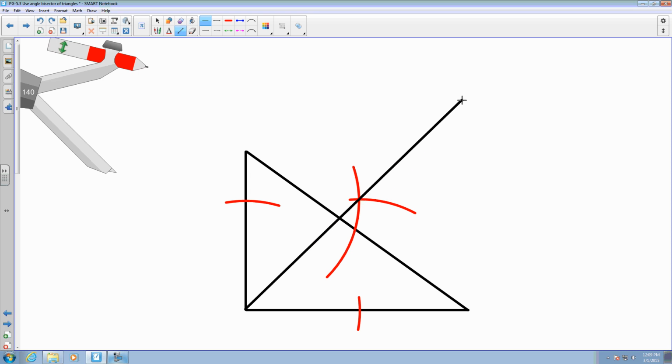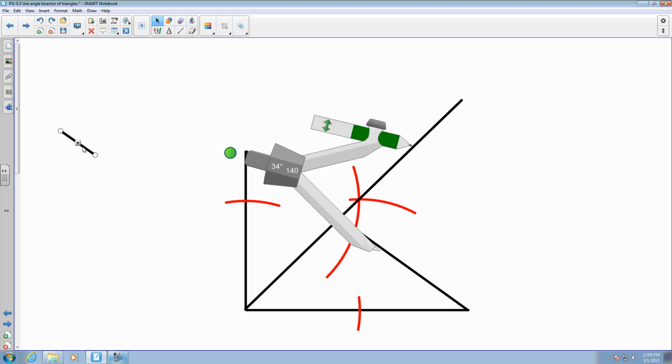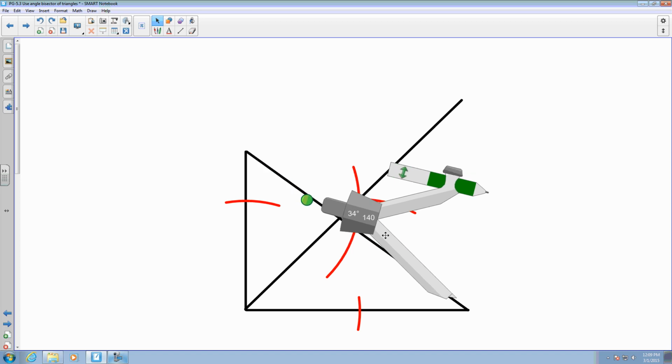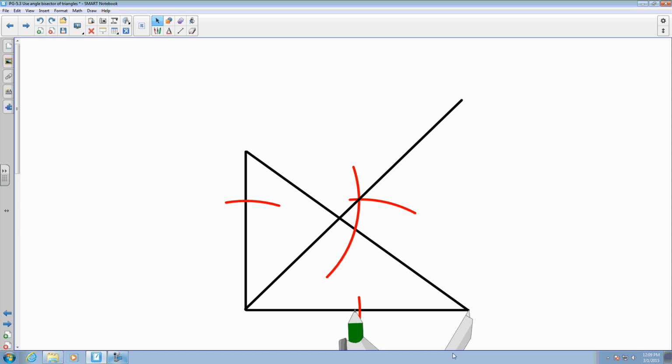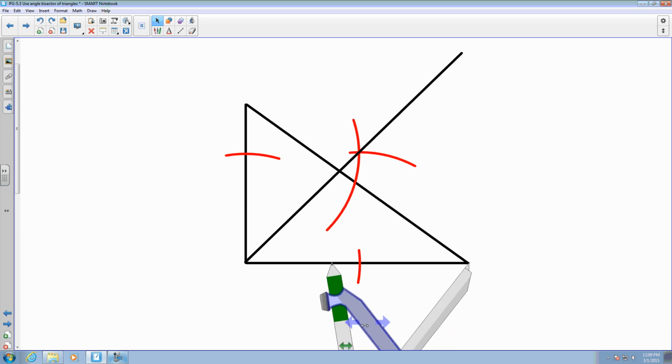Come across. Use a different color to help us out. So, oh geez, get rid of line segments. Let's go here. Going to extend it just a little bit this way. Strike a mark here.